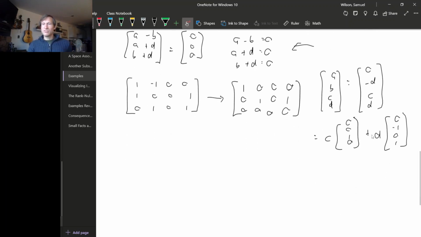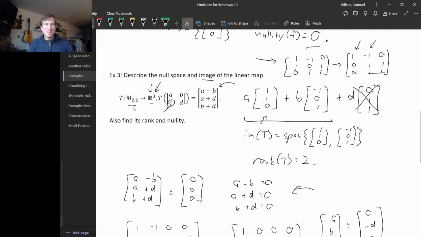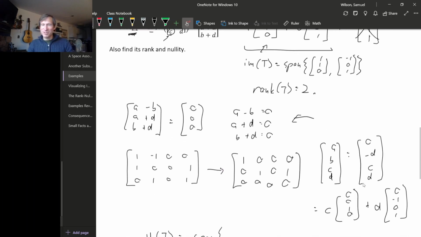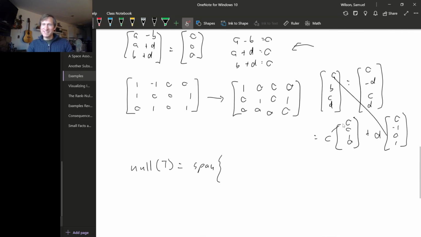These two vectors are clearly linearly independent, so the null space of this map is the span of... Our domain space is this matrix space. It's not R4, so I shouldn't be writing this. I should write it like they're 2x2 matrices, because they are 2x2 matrices.